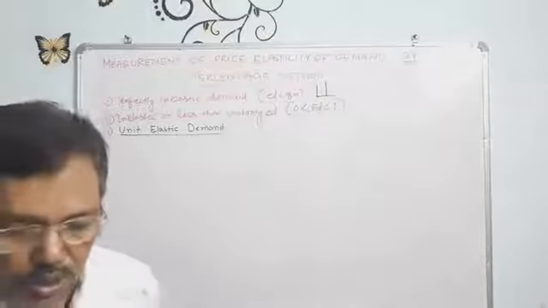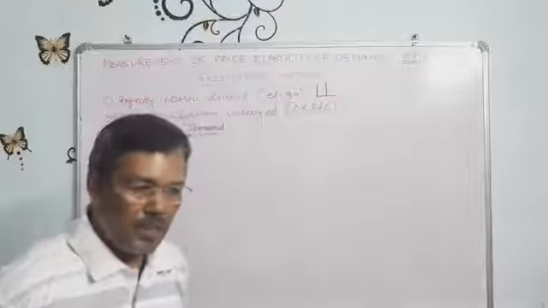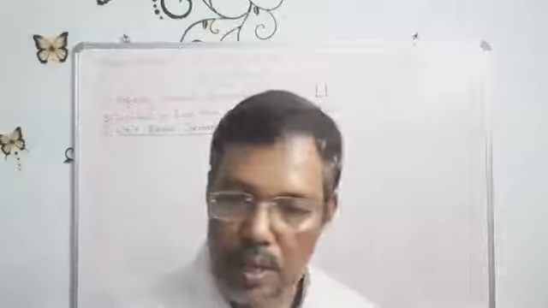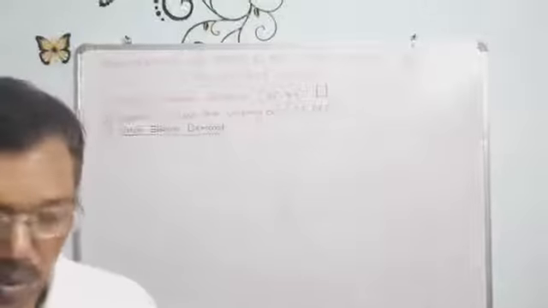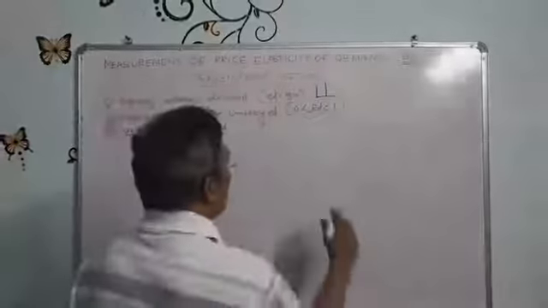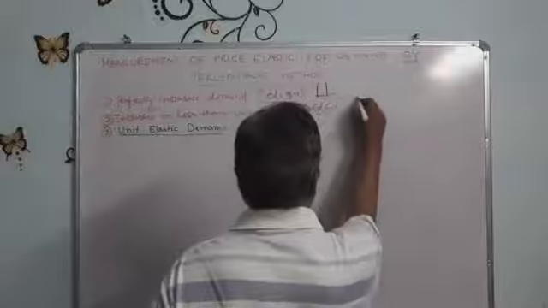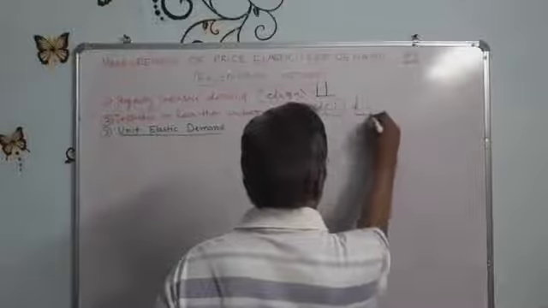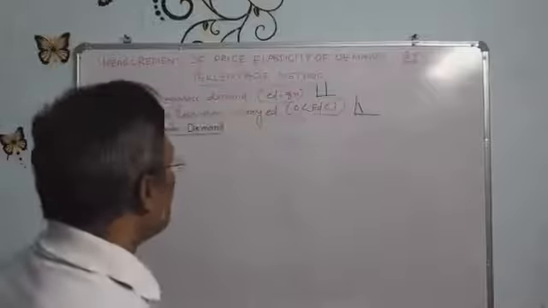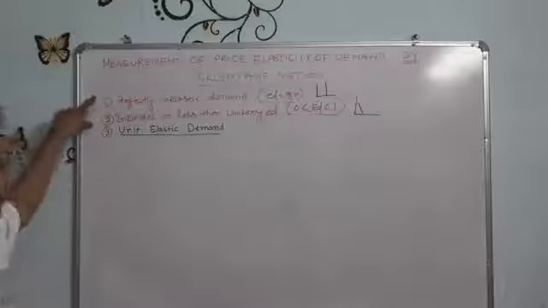That is called inelastic demand. Examples are necessities like food, fuel, essential goods. At that time elasticity of demand will be less than 1. That is the steep demand curve. These 2 points we have already finished.